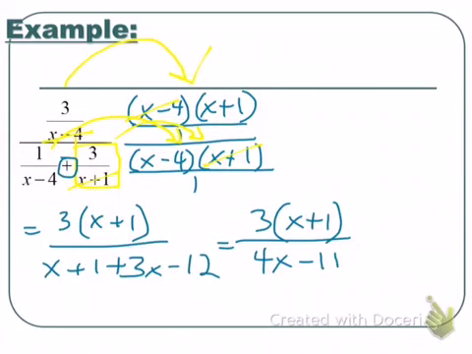All right. Now, is there anything that we could do to simplify that or cancel it? No common factors, right? So I'm okay with you leaving it as 3 times x plus 1. Technically, that's not simplified because we can distribute that 3, and we would get 3x plus 3 over 4x minus 11.